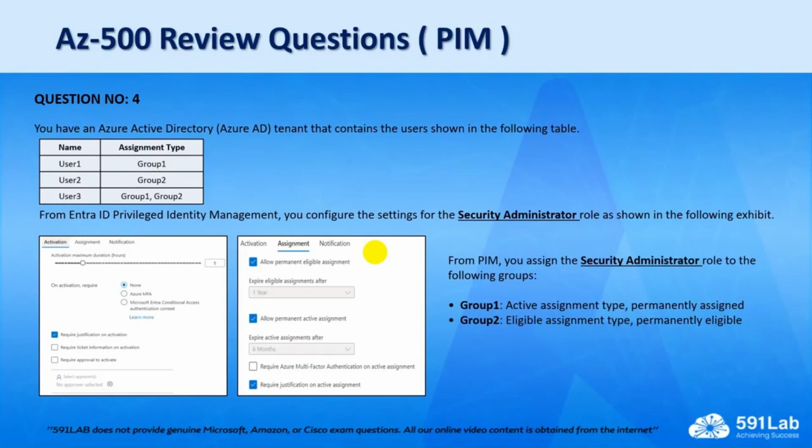So here, to understand this question, we have 3 users, 1, 2 and 3. User 1 belongs to group 1, user 2 belongs to group 2, and user 3 belongs to both groups. Fine. In group 1, we are choosing the active assignment type as permanently assigned. And in group 2, we are choosing the assignment type as eligible. Right? So let's read the next section for answers.